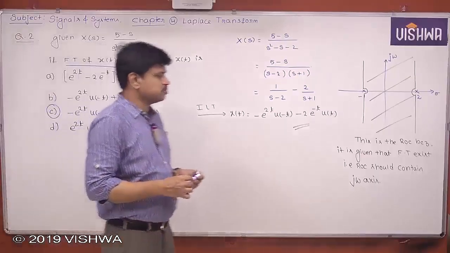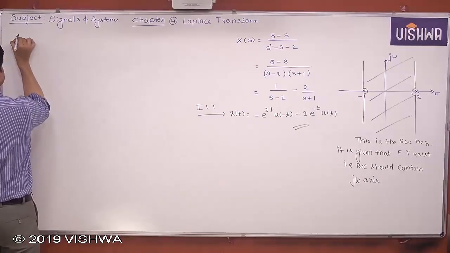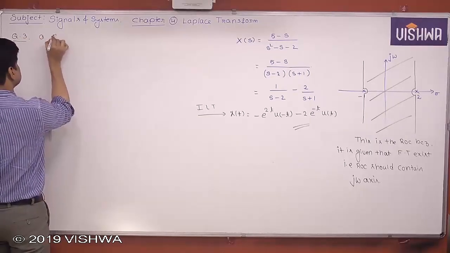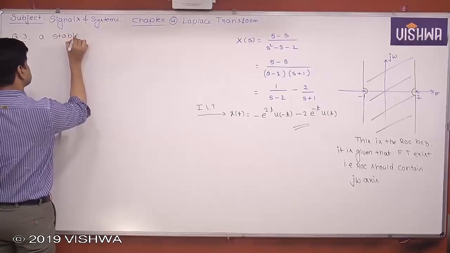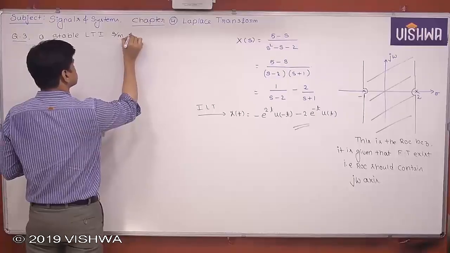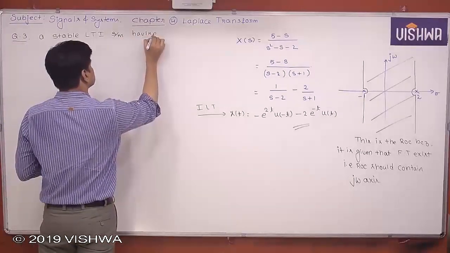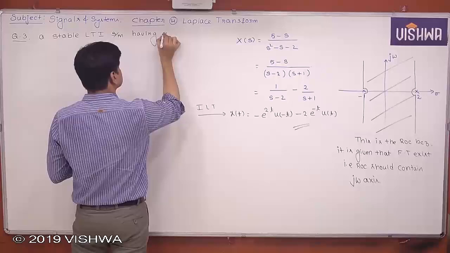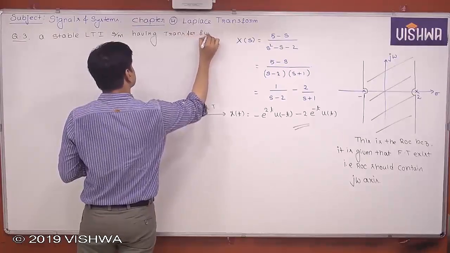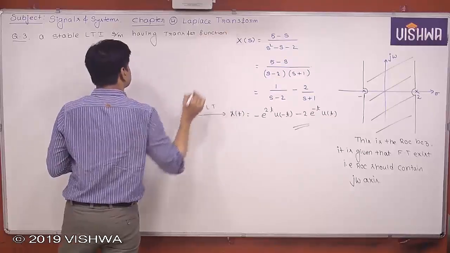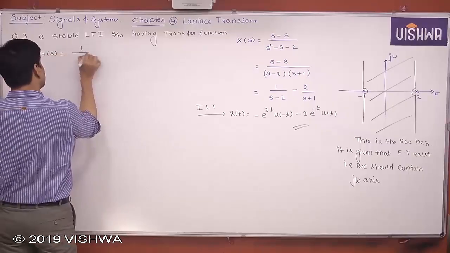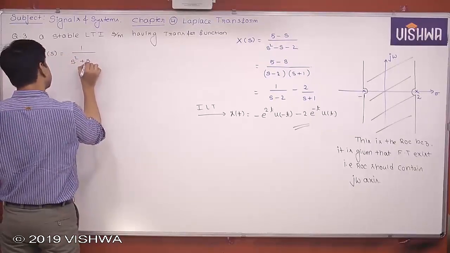Take it. Question number 3. A stable LTI system having transfer function H of s is equal to 1 by s square plus s minus 6.